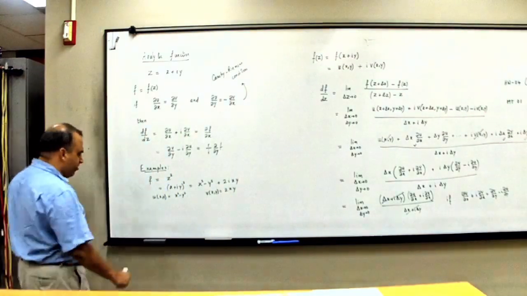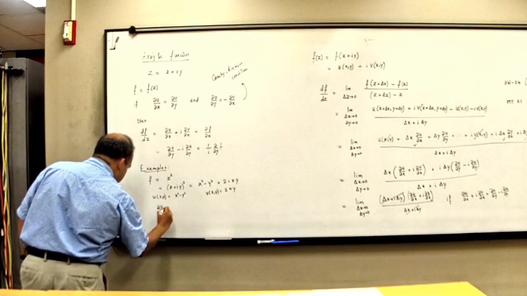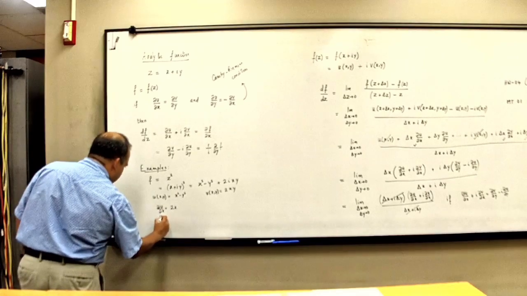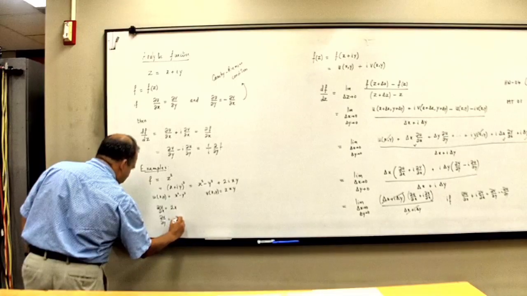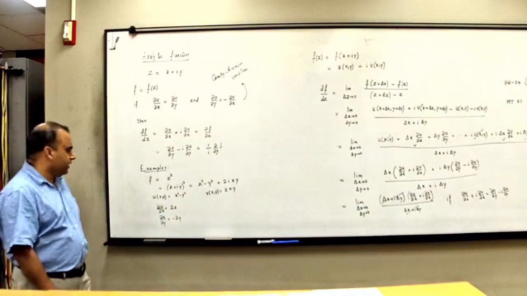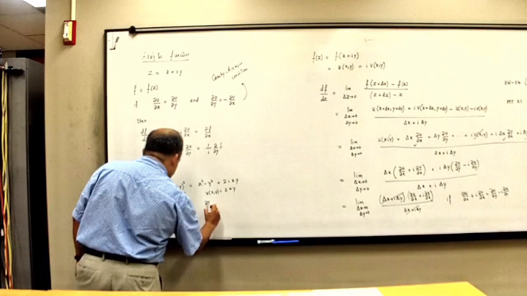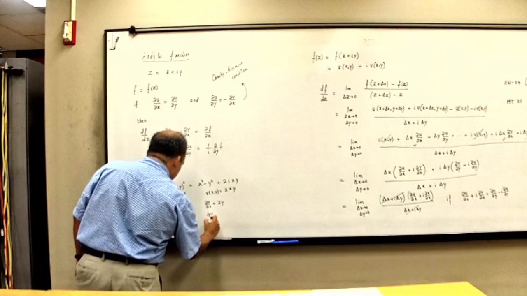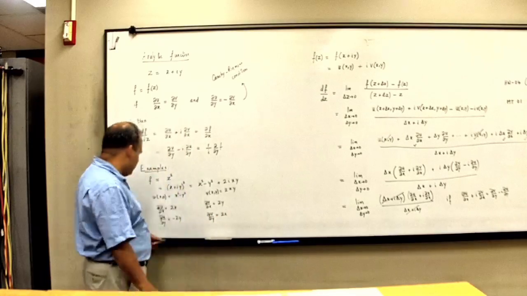Find all the first derivatives. du by dx is equal to 2 times x, correct? du by dy is minus 2 times y. dv by dx is 2 times y, and dv by dy is equal to 2 times x.